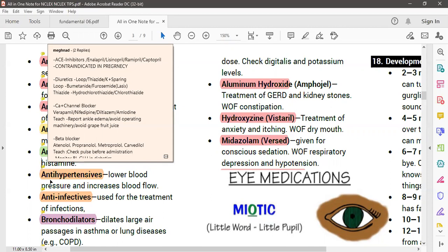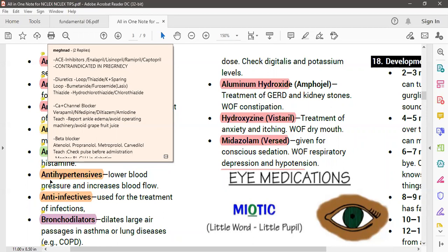What else? Other diuretics we use are called potassium sparing diuretics. Example, spironolactone or triamterene, or we call water pill. Potassium sparing diuretics can cause hyperkalemia.